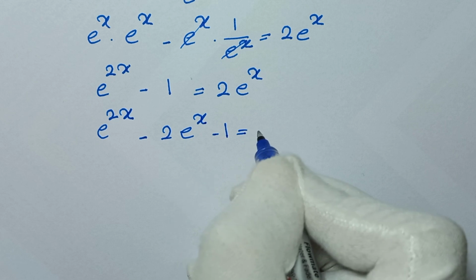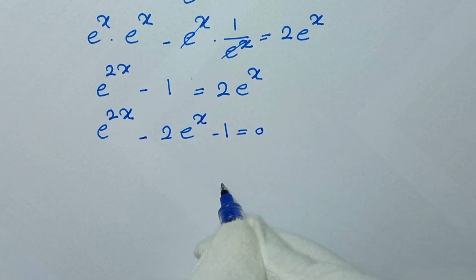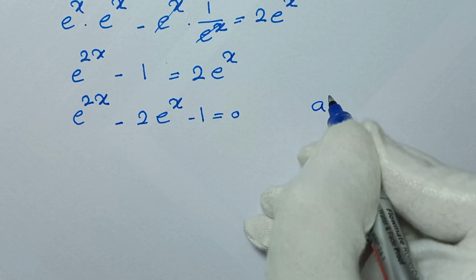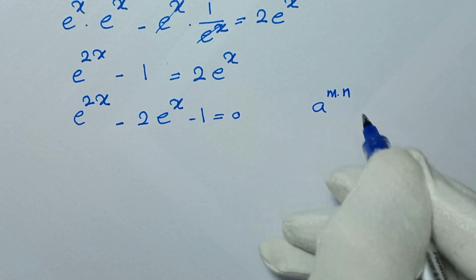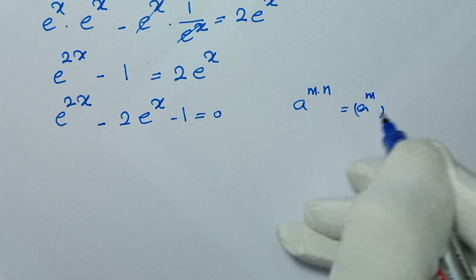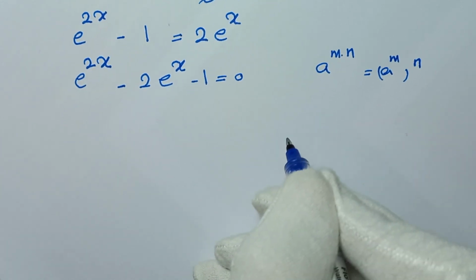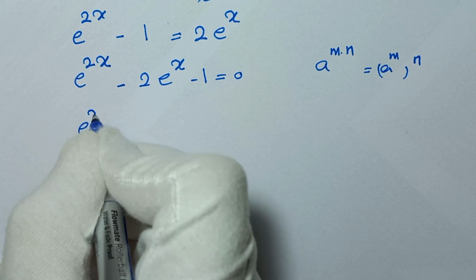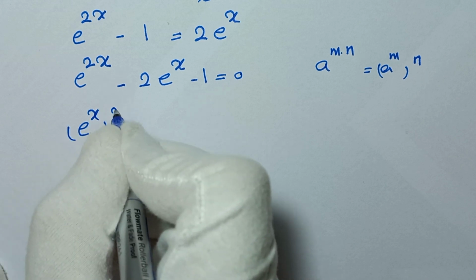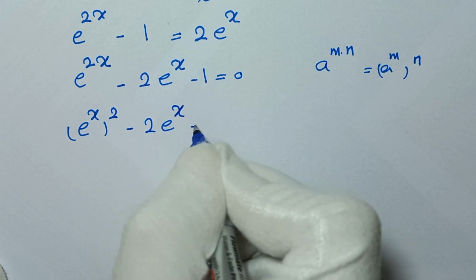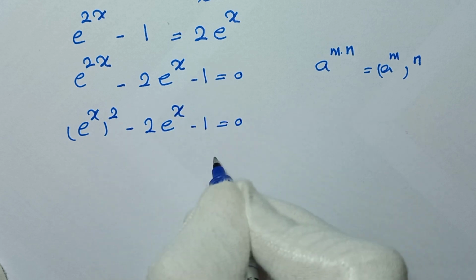is equal to 0. So as you know, if we have a^(m times n), we can write this as (a^m)^n. So here we can write this as (e^x)^2 - 2e^x - 1 = 0.